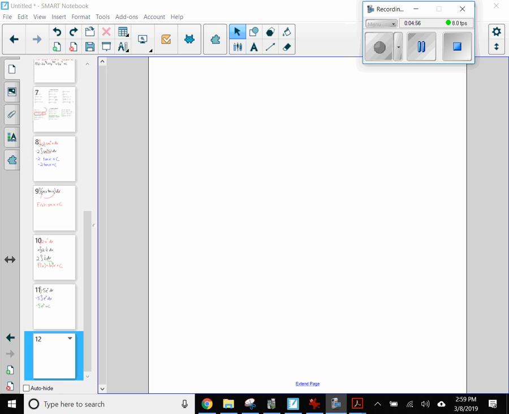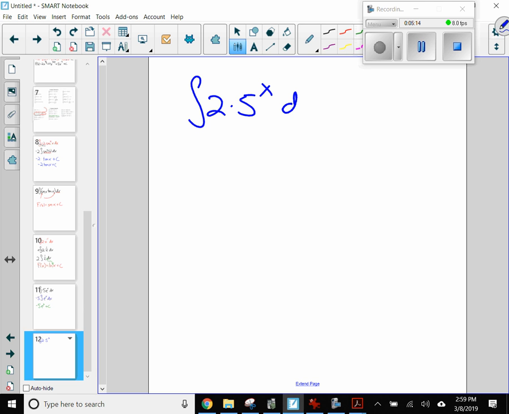Let's look at one that is also related to logarithms and exponential derivatives, a little bit more confusing. So I want the integral of 2 times 5 to the x dx. So again, I'm going to start by pulling my constant through the integral.